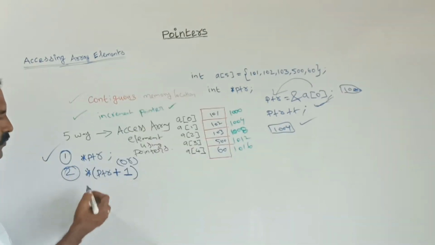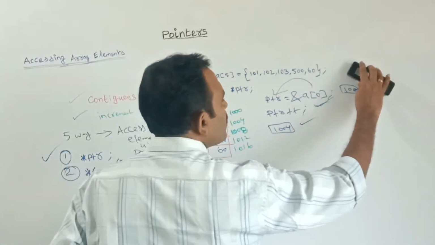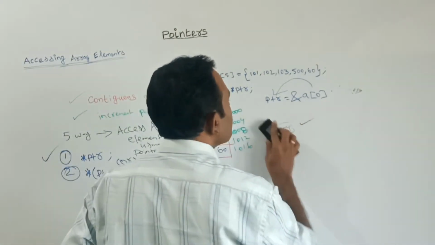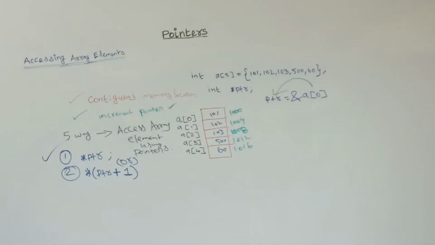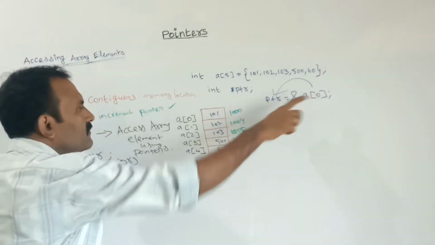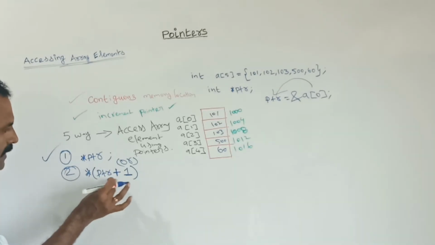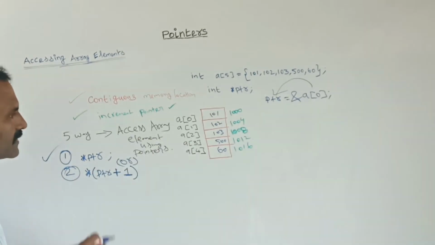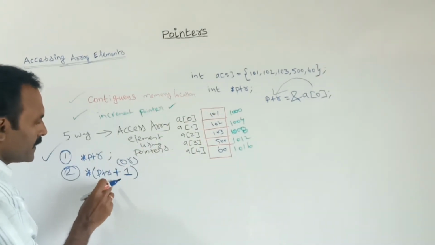Say we initialize ptr equal to &a[0]. Suppose I print *(ptr + 1), then what will be the result? We can access the array element using this pointer variable.